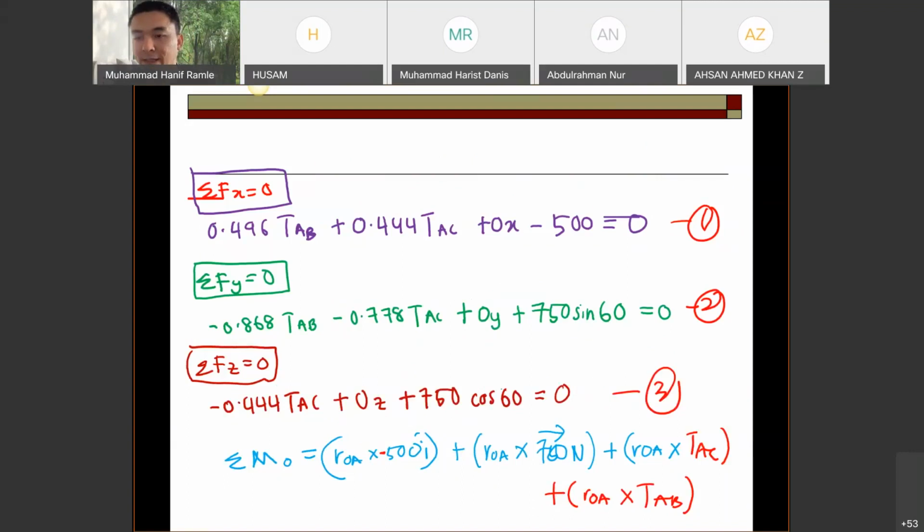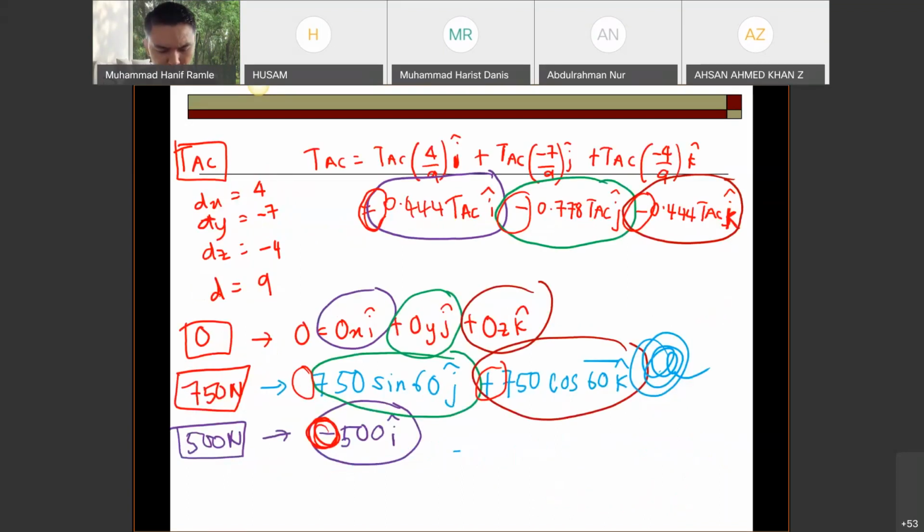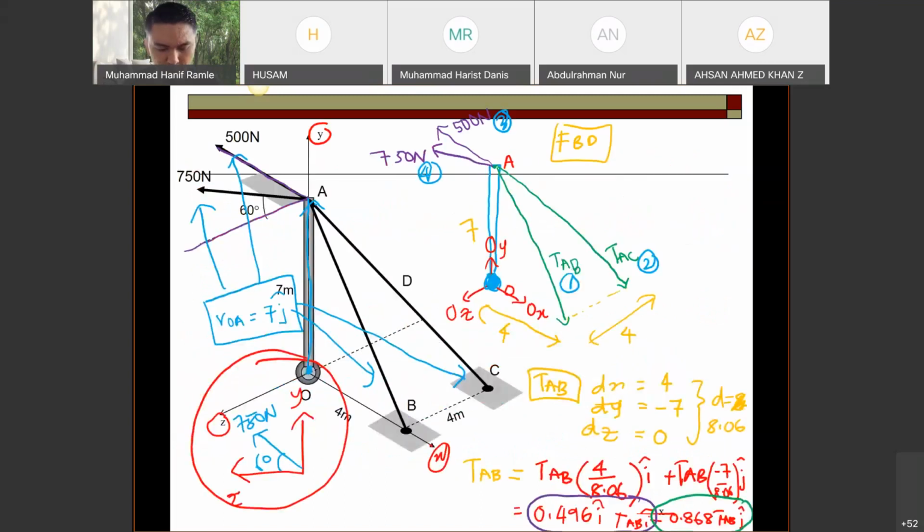For the 750, should it be in the Z direction? Why in the Z direction? It should be Z and Y direction only.